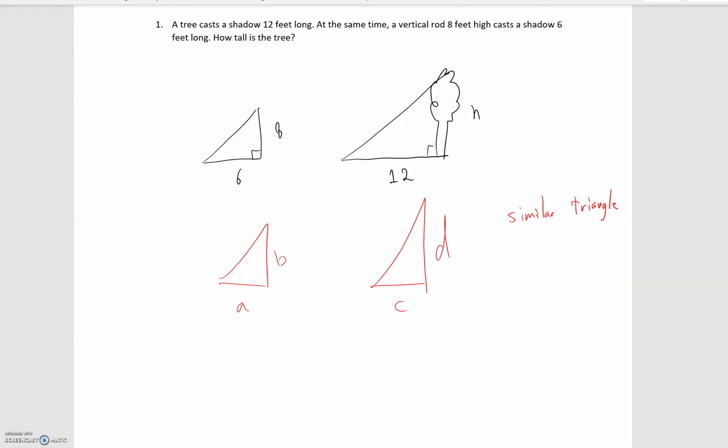So in this example here, if I look at the smaller red triangle and I look at the ratio of a over b, this has to be equal to the ratio of c over d. Another thing that you can do is the following.